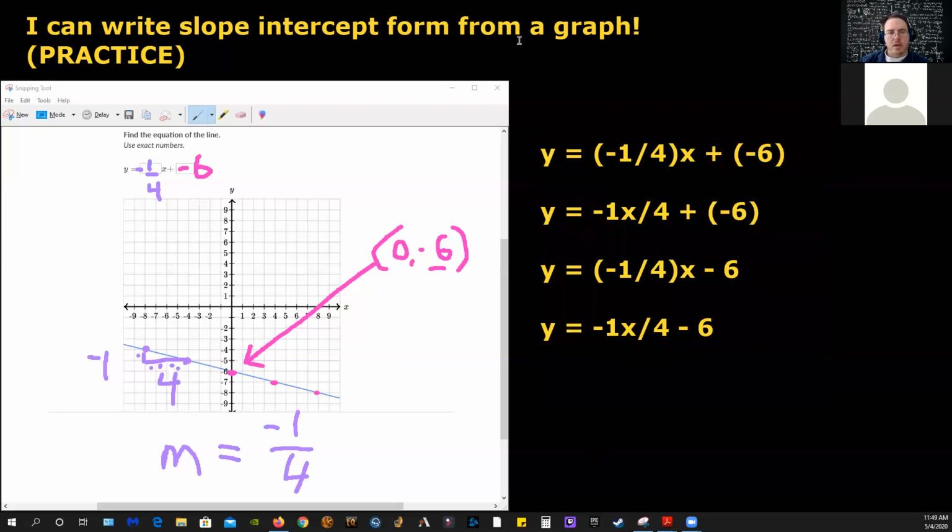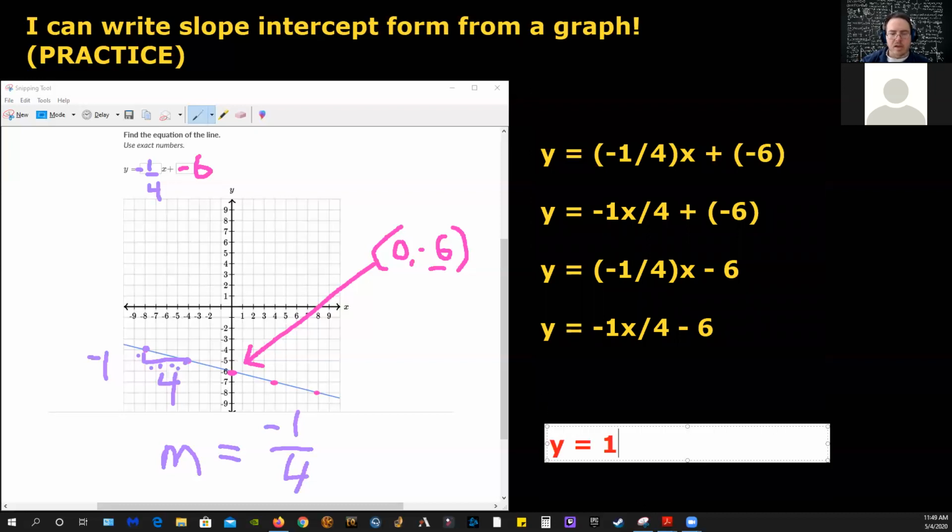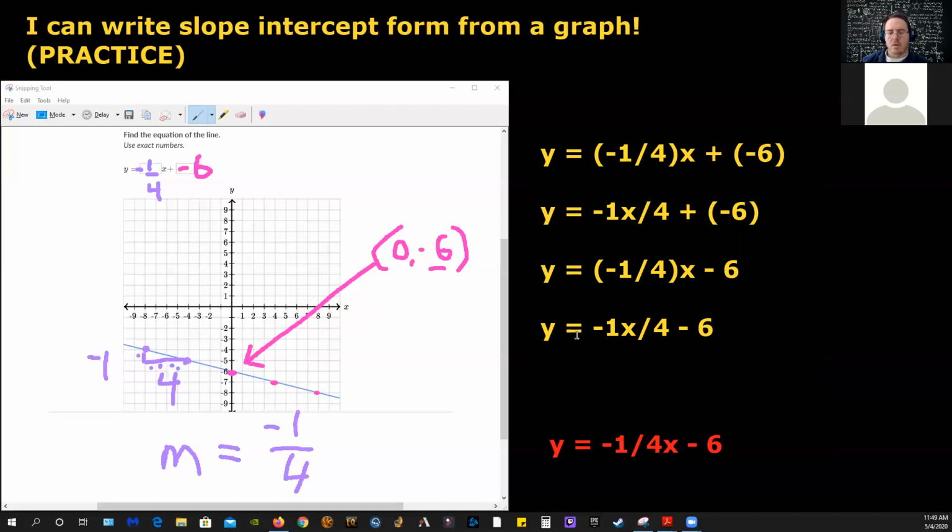I really don't like y equals -1/4x minus 6. I don't like that, because this makes it look like x is in the denominator. Let's just put a big no in front of that.